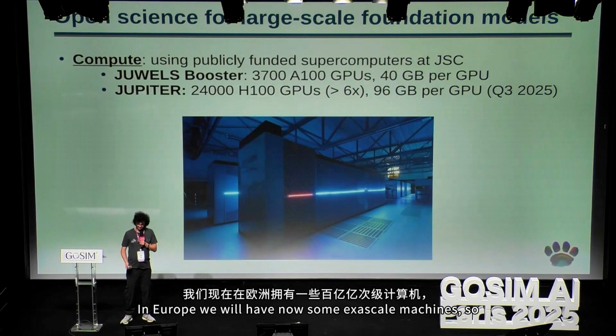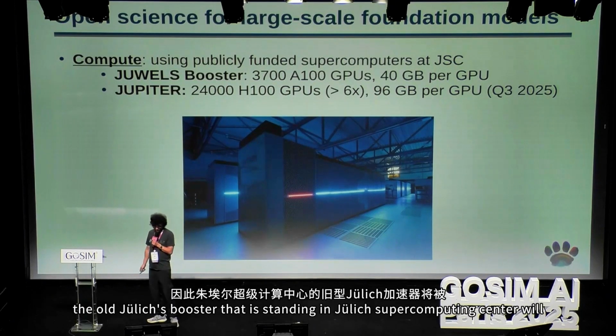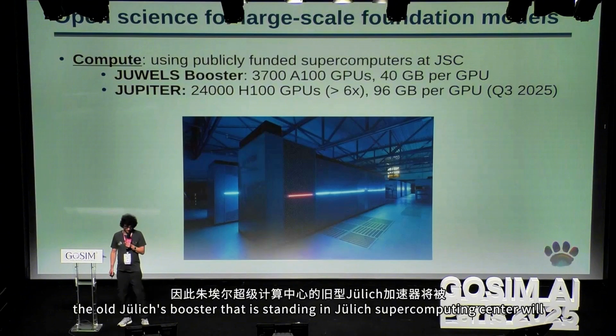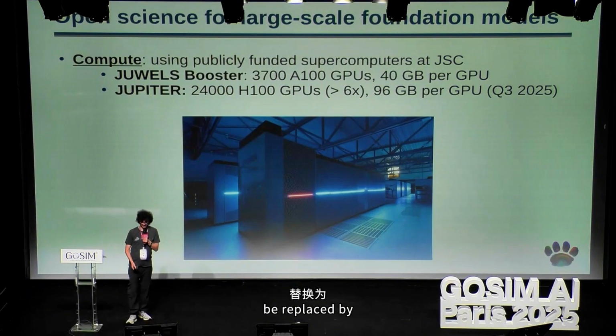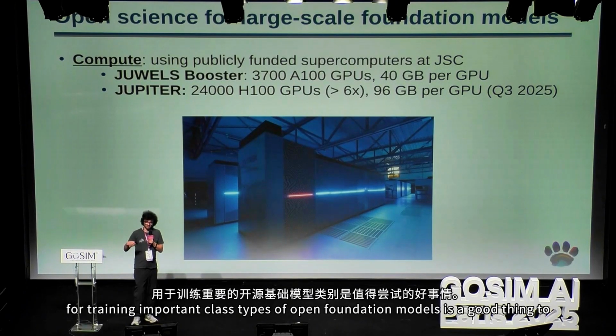In Europe, we will now have some exascale machines. The old JUWELS Booster at the Jülich Supercomputing Center will be replaced by Jupiter, which has 24,000 H100s. And I think binding efforts together to use this compute for training important classes of open foundation models is a good thing to try.